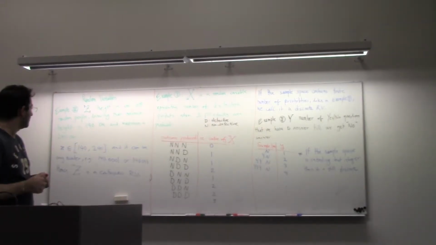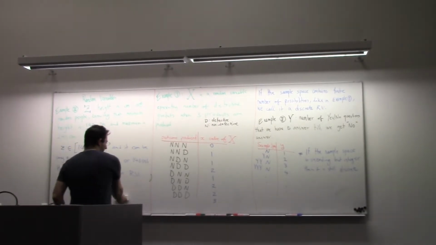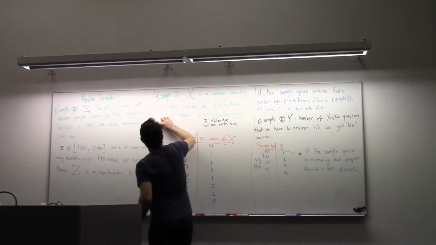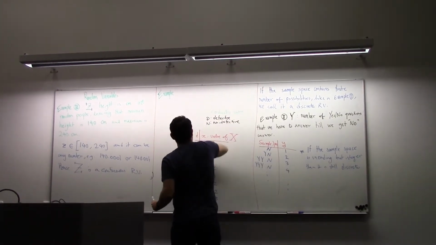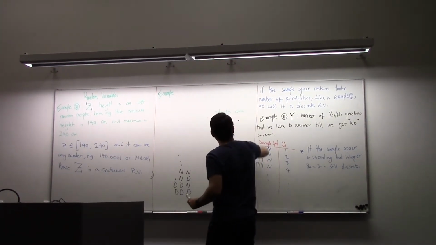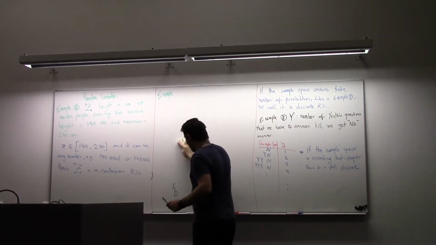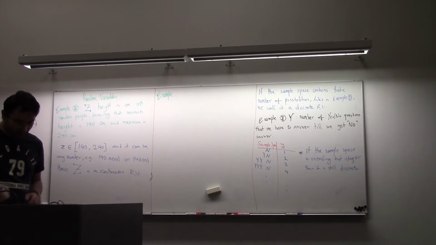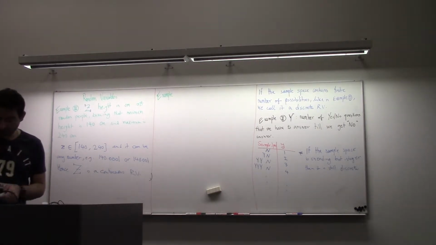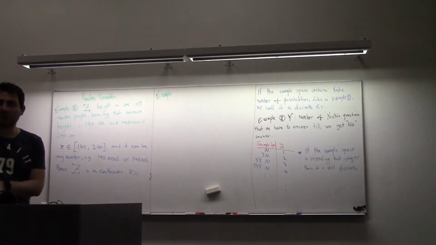Now, let's do an example. Another example. So we understand what is a discrete random variable, what is a random variable, what is the aim of random variables. Now let's do an example and do a few calculations because we want to come to some very useful conclusion.